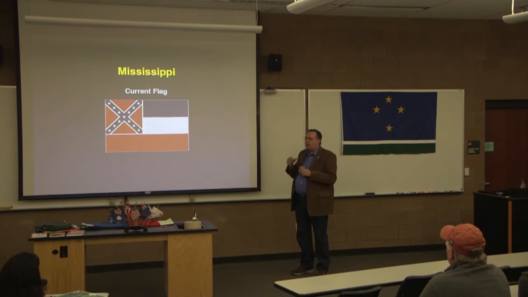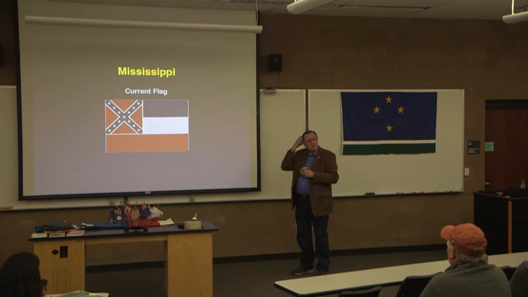Now, other states have had allusions to this X, which is also known as a saltire. For example, Alabama has a white flag with a red X on it, which is very close to looking like the flag of St. Patrick.